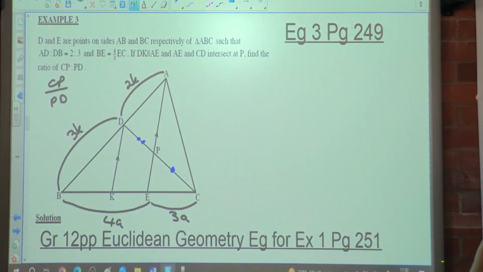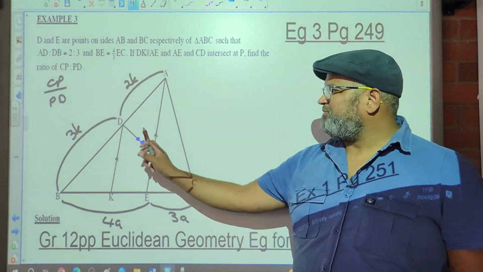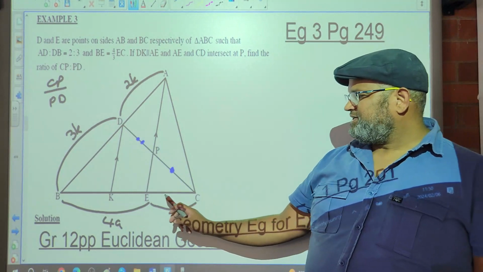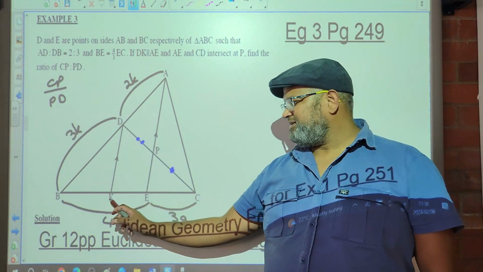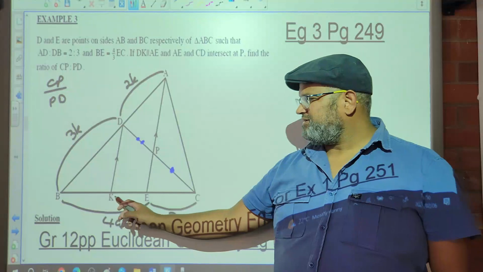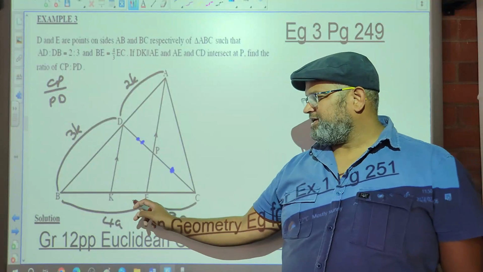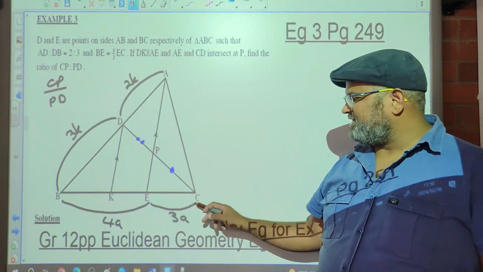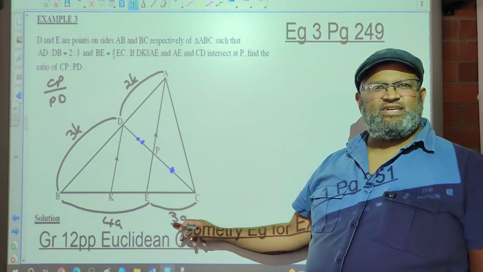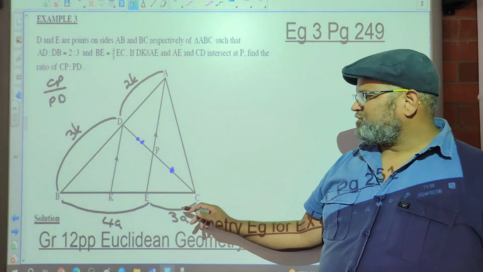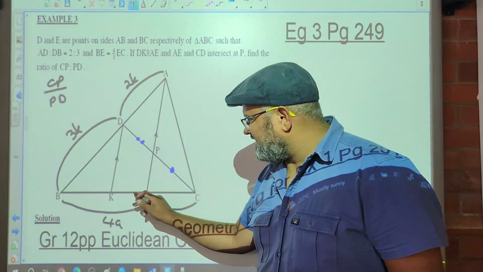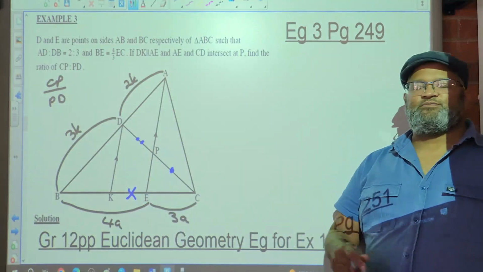Can you see that? But we know that CP over PD is equal to CE over EK. So what do I need here? EK. Why? Because I have CE in terms of A. So I need KE in terms of A.